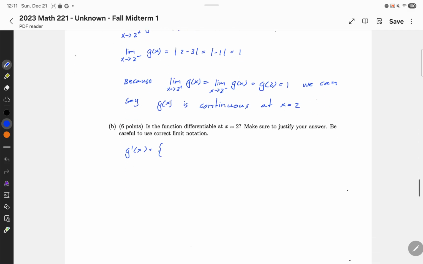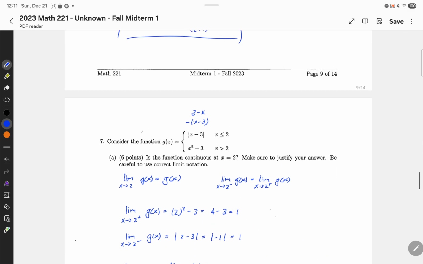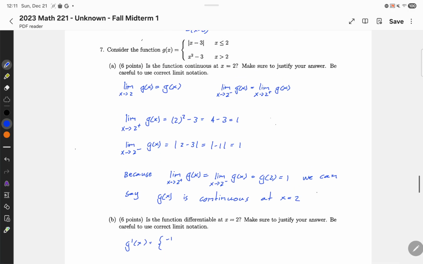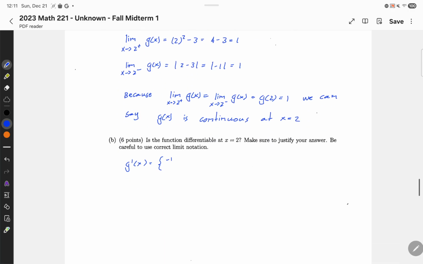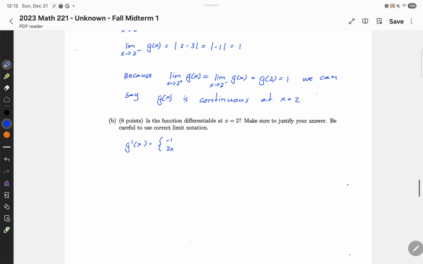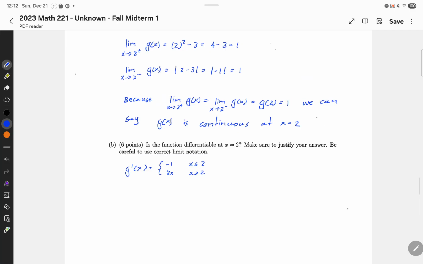And so now when we take the derivative of this, it's just the derivative of 3 minus x, which is minus 1. And the derivative of x squared minus 3 is just going to be 2x by the power rule. And the first one is for x less than or equal to 2. And the second one is for x greater than 2, just like this.